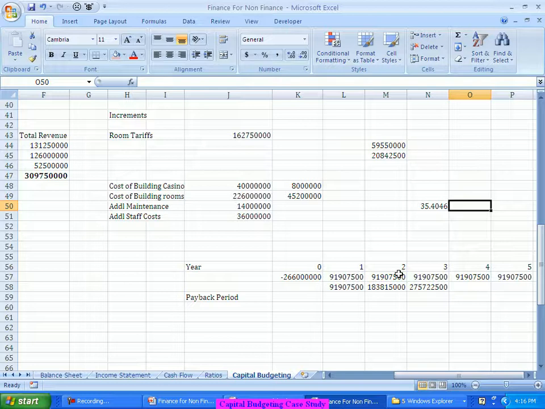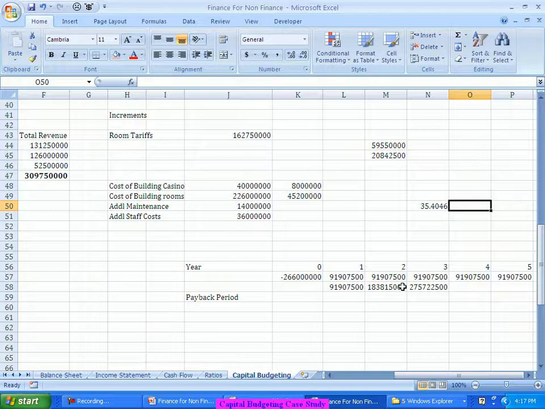At 10% interest on 26 crores, 2.6 crores is the interest. Again, there is compounding there. So if you just invest your money at 10% interest in a fixed deposit, you are getting 35.4 crores.